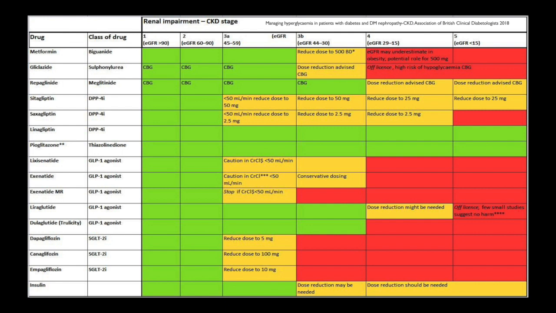And for sulfonylurea, you have to be careful with regards to the occurrence of hypoglycemia. For DPP-4 inhibitors, you have sitagliptin, saxagliptin, and linagliptin; you may have to reduce the dose for most of the DPP-4 inhibitors, except for linagliptin, and the same holds for the GLP-1 receptor agonists and some of the SGLT2 inhibitors that we'll be discussing later.